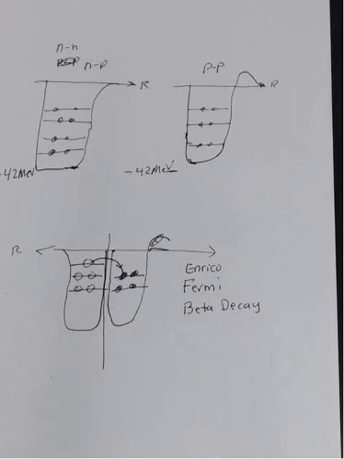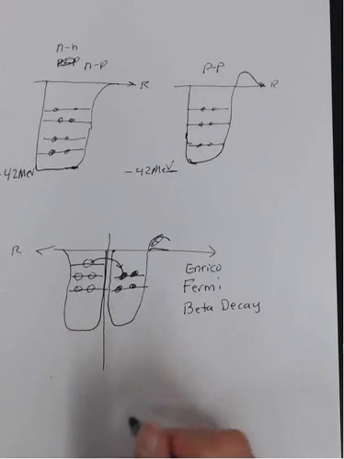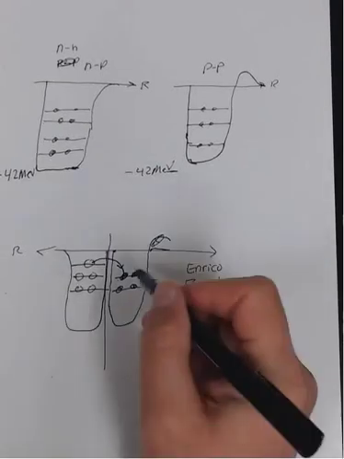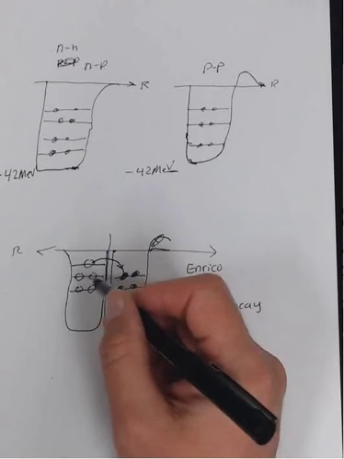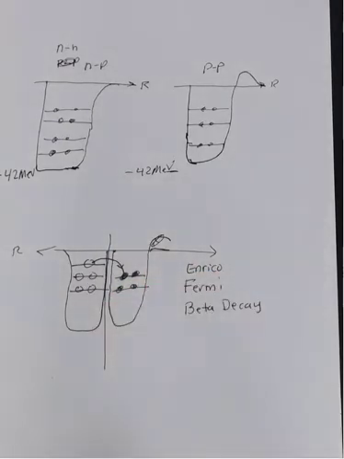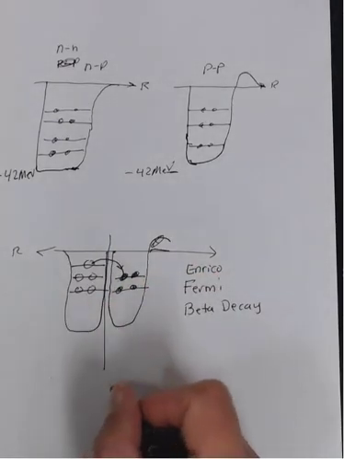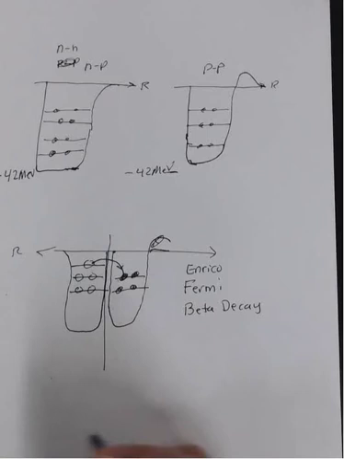Of course, the other way can also happen. We can have a proton that might be at a slightly higher energy than a neutron, and there's an empty neutron shell, and the proton can change over. So you can get a proton changing into a neutron too.